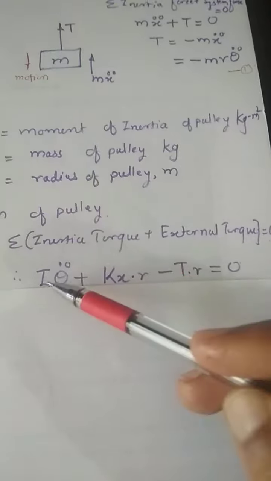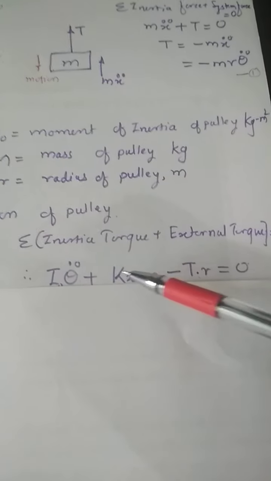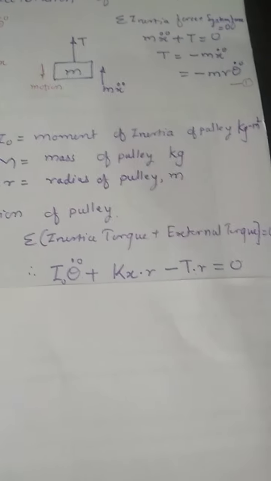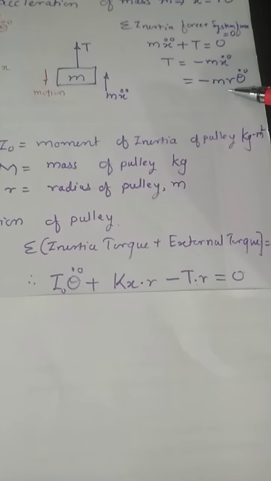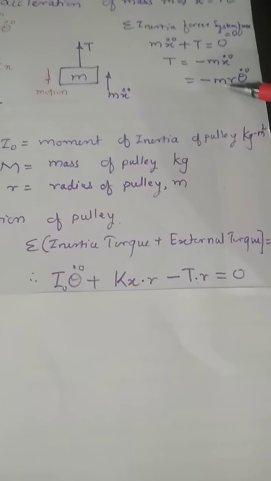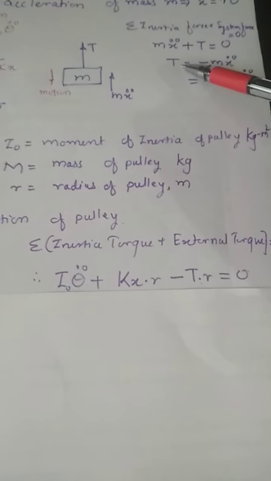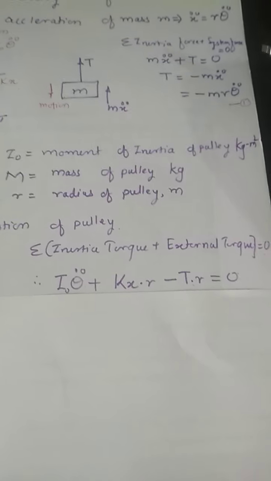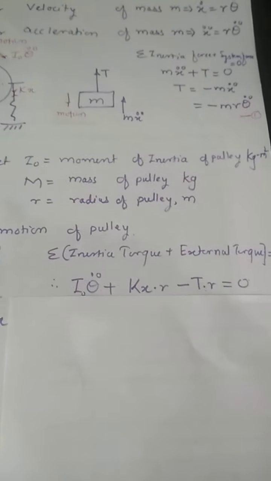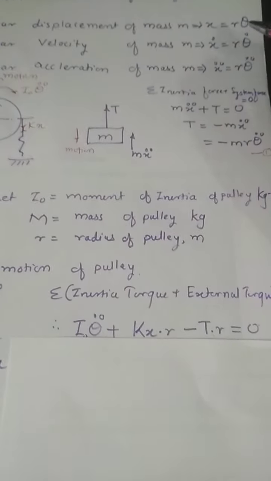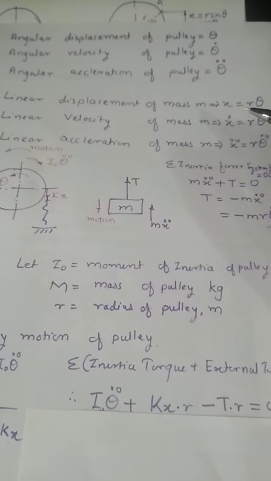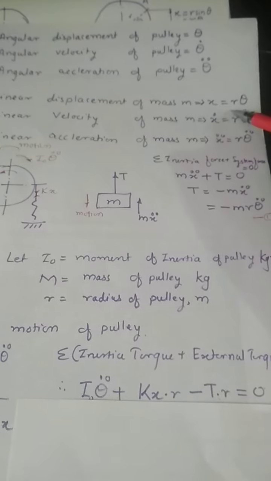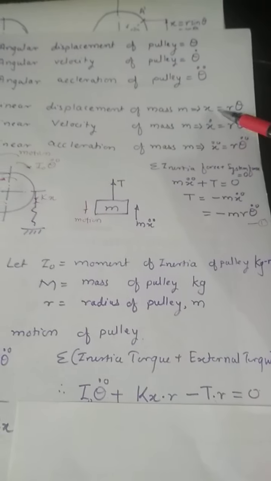So I theta double dot plus kxr minus Tr, we know the capital T is equal to minus m r theta double dot, and again we know that x is equal to r into theta.